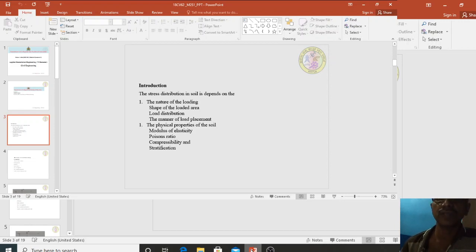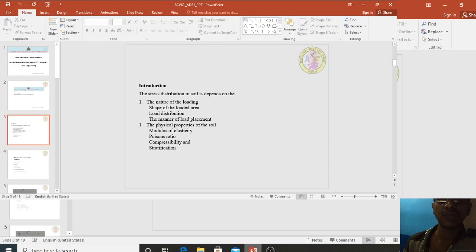The second one is the shape of the loaded area. Whether the footing is circular, rectangular, or square, the stress distribution pattern is different.